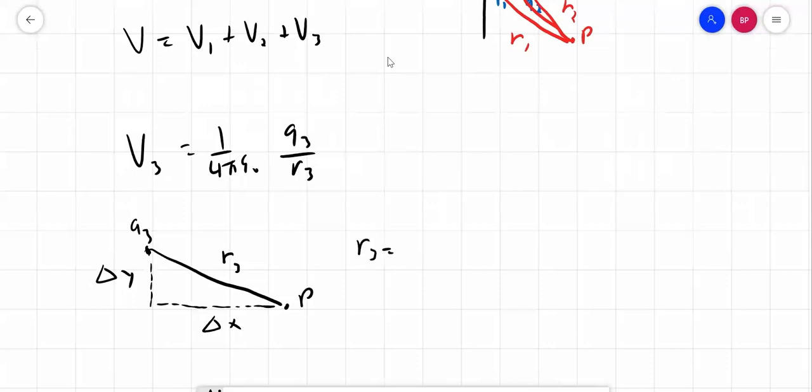So R3 is the square root of delta X squared plus delta Y squared, and in our case, it's 3.16 meters.